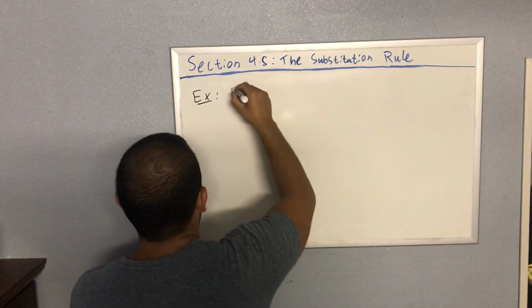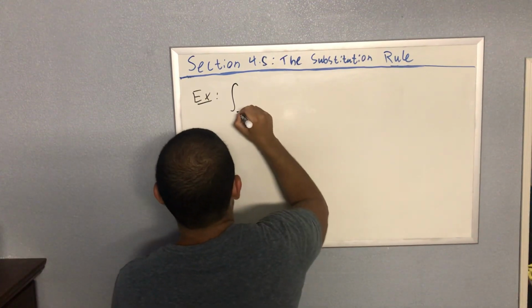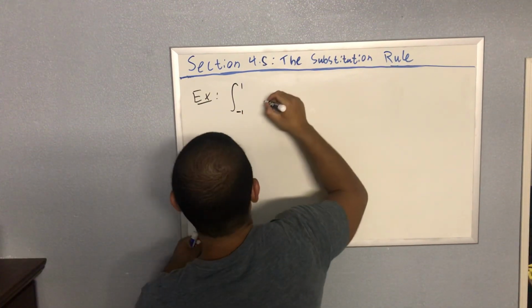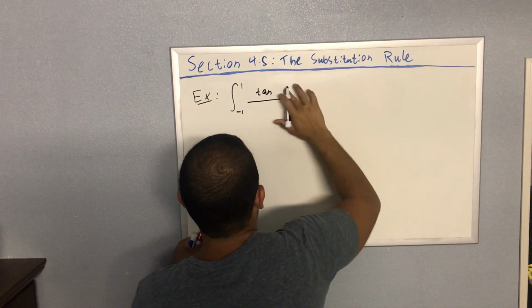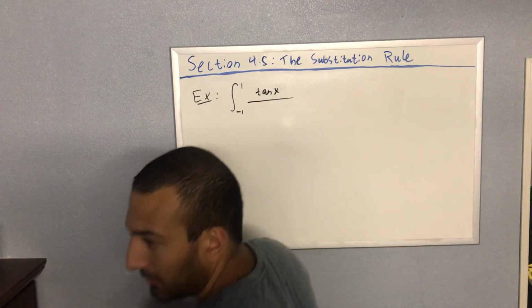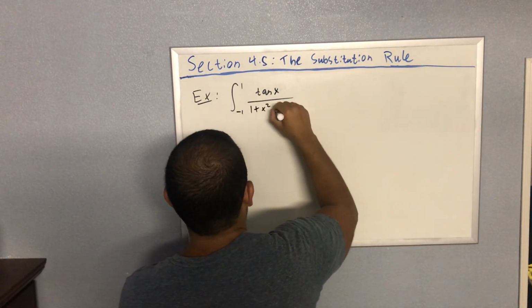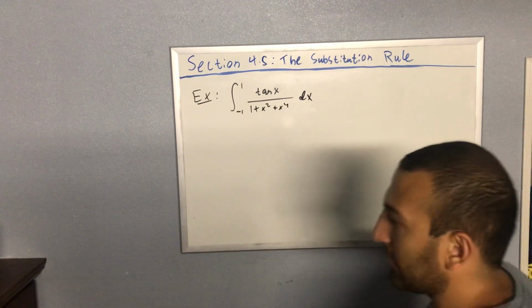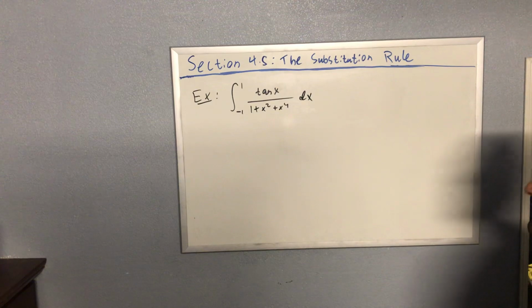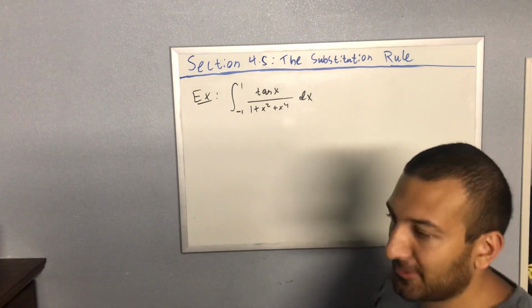So suppose we want to find this. Okay. Now, none of the techniques that we have developed in this class, nor I don't even know if they're... This is a hard integral.